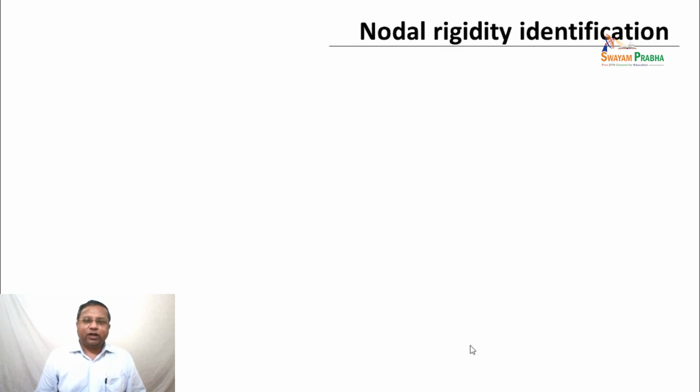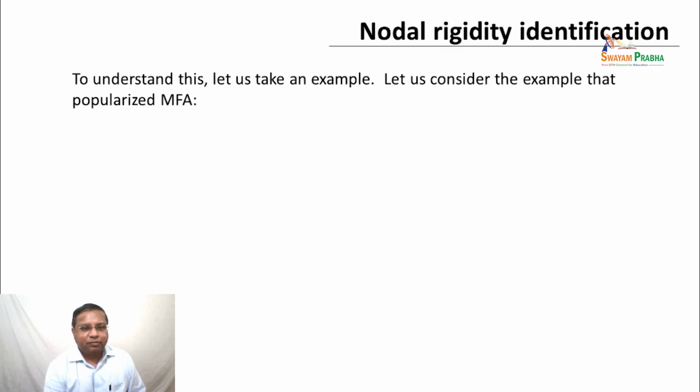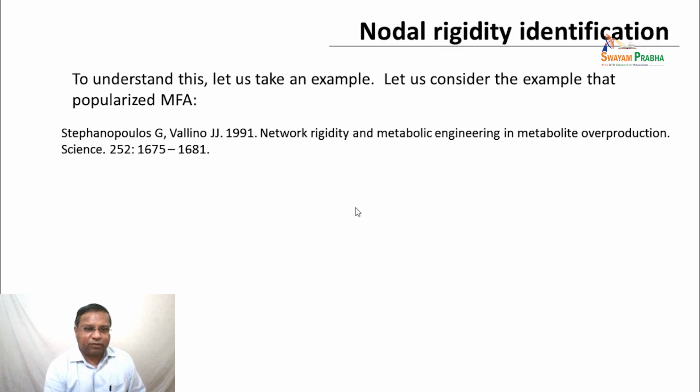Now let us look at nodal rigidity identification. This is what went into the lysine improvement that we talked about, Vallino and Stephanopoulos' work, early 90s. To understand this, let us take an example, the one that popularized metabolic flux analysis, the lysine production. This is the reference here.